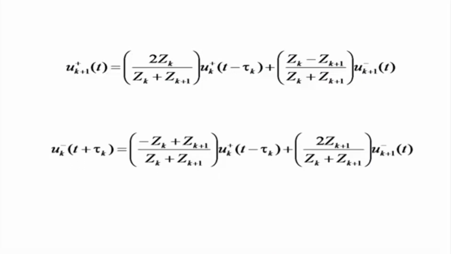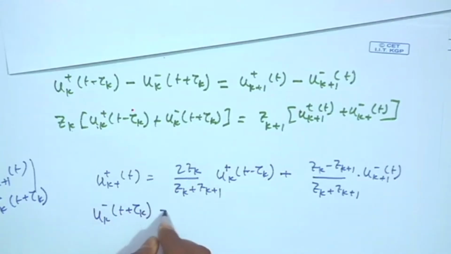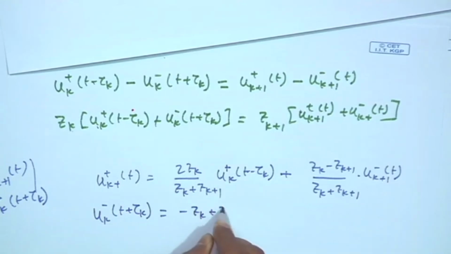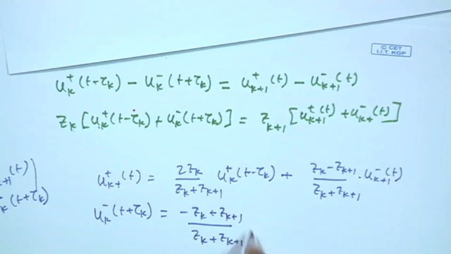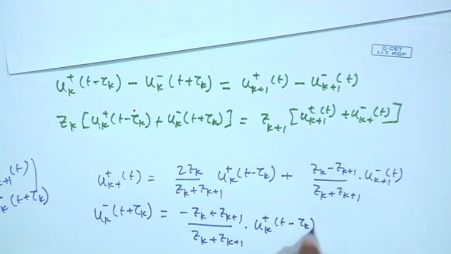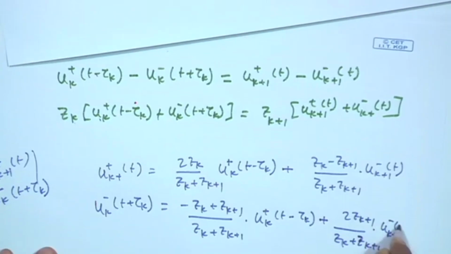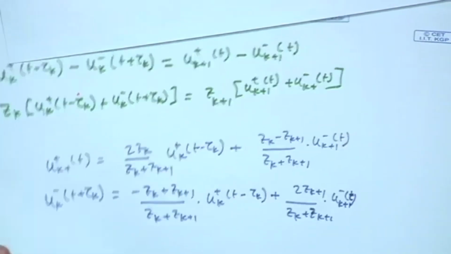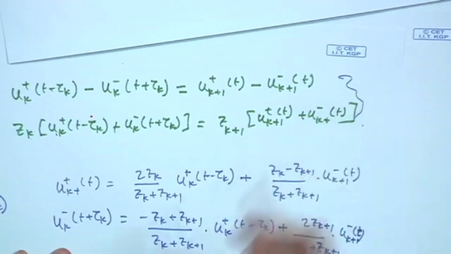And u k minus t plus tau k will be minus z k plus z k plus 1 divided by z k plus z k plus 1 into u k plus t minus tau k plus 2 z k plus 1 divided by z k plus z k plus 1 into u k plus 1 minus t. These are the two expressions I will get from these two equations.